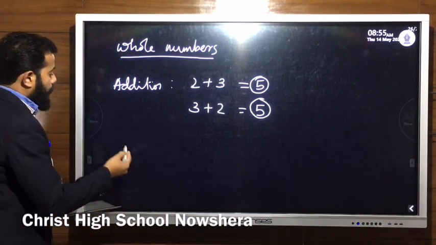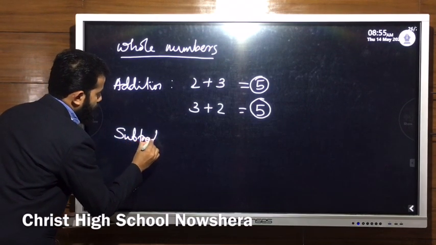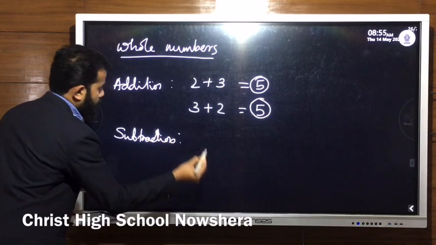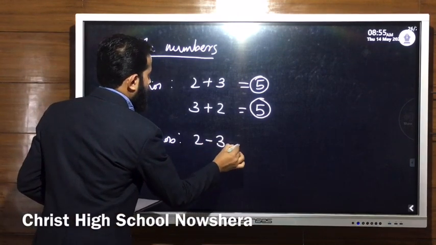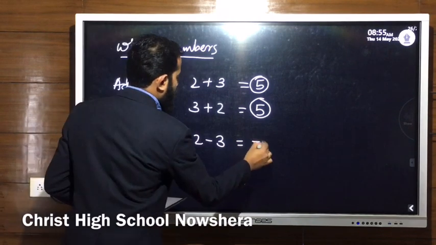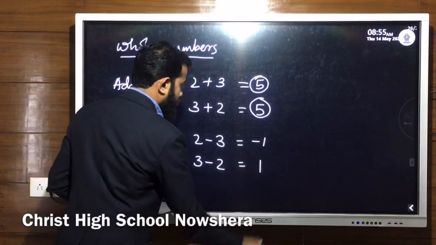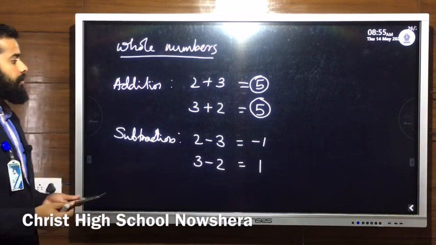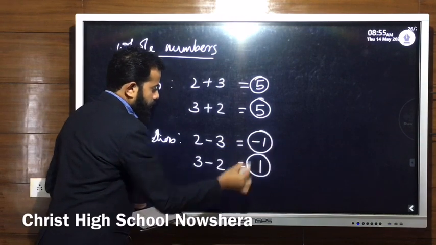The remaining operations also we can check. Subtraction: 2 minus 3 equals minus 1. 3 minus 2 equals plus 1. Now we can see the result. They are not the same.